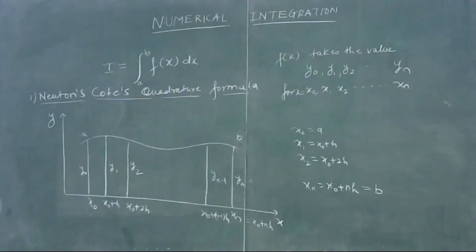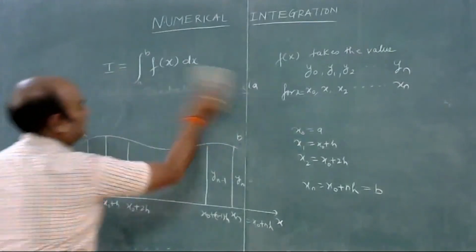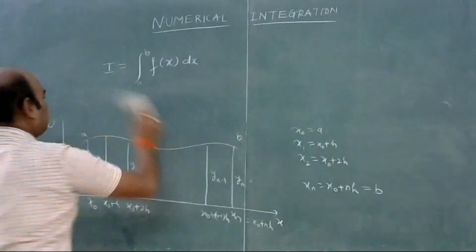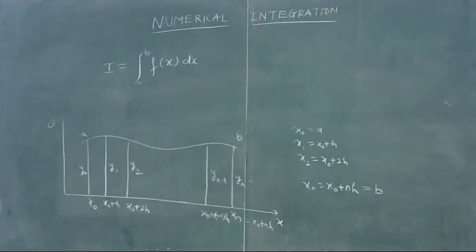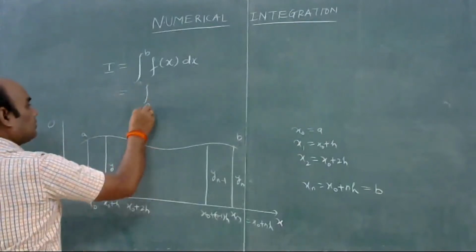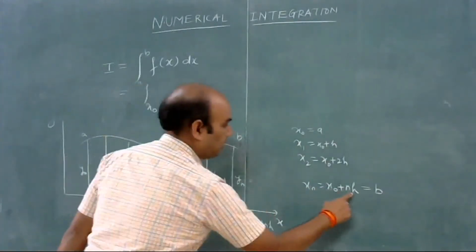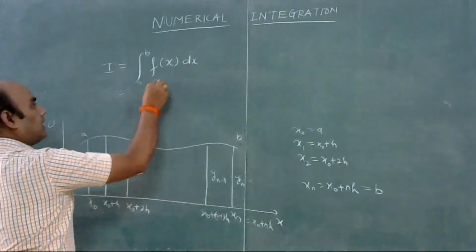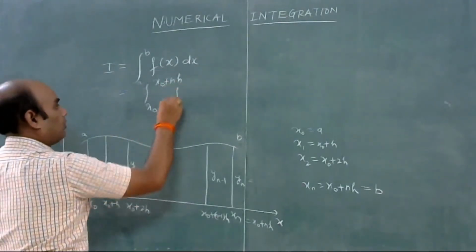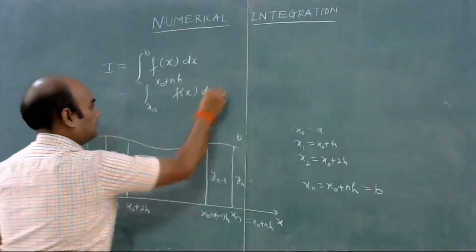So then I is equal to, this can be replaced as, A is x naught here, and B is x naught plus nh, integral of f of x dx.